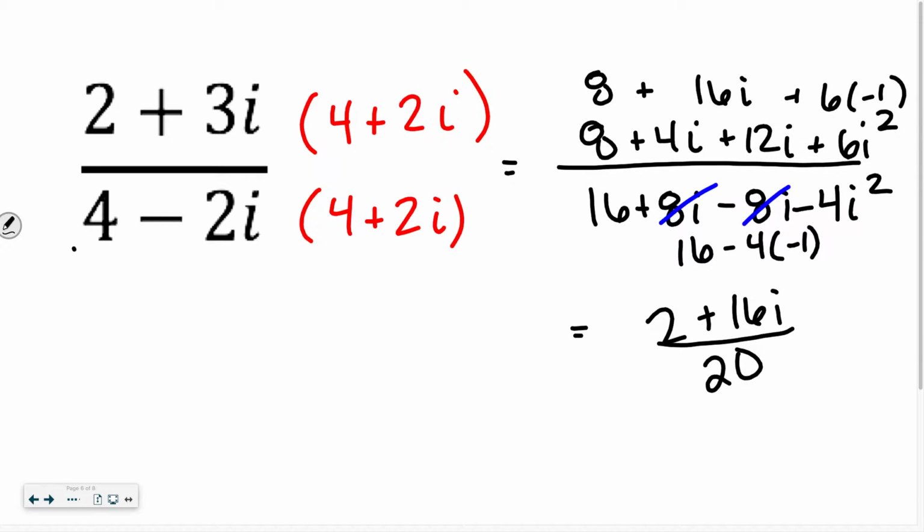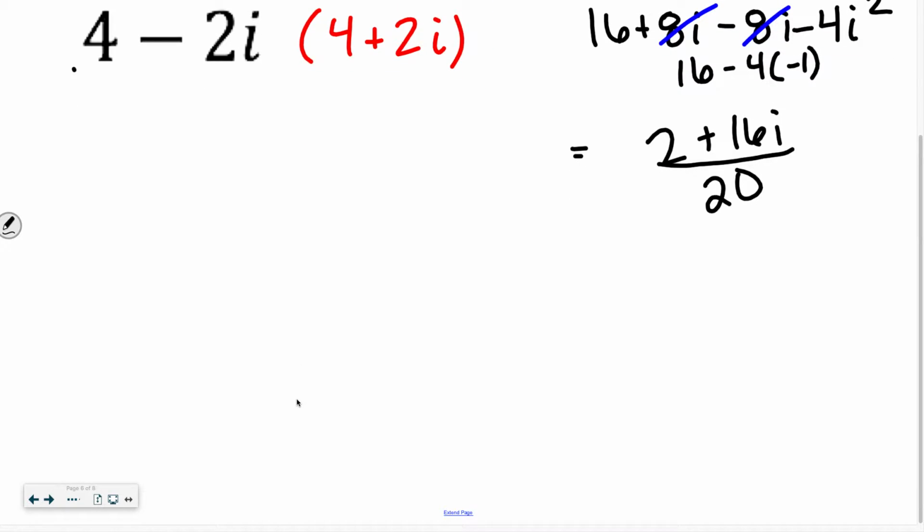To write it in standard form, remember we want a plus bi. We want to have individual coefficients. So if you have a number in your denominator, you're going to divide each term by that value. So 2 over 20, what's my a? 2 over 20? 1/10.